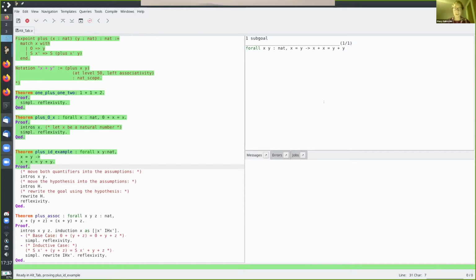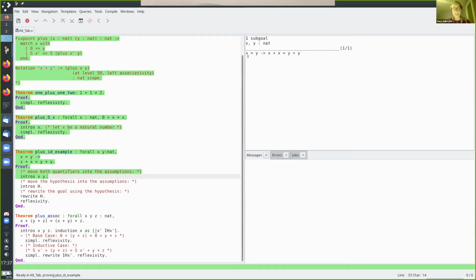The first thing we do, again, is to get rid of our universal quantifier by saying, consider some arbitrary x and y. So we intros both of those natural numbers. So we have x, y, natural numbers in our assumptions. Next, we can take our x equals y and treat it as a hypothesis.